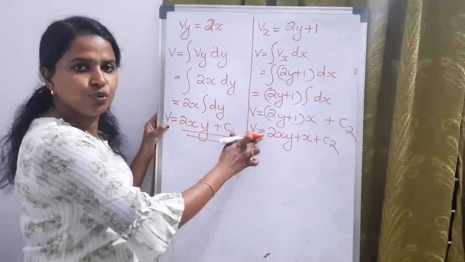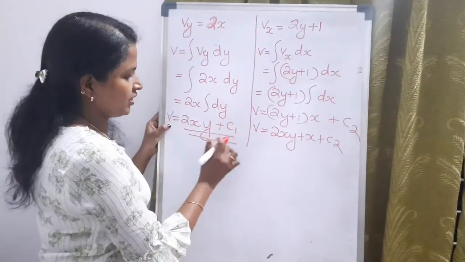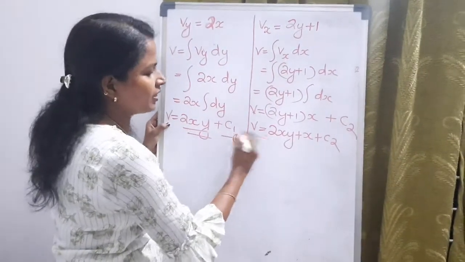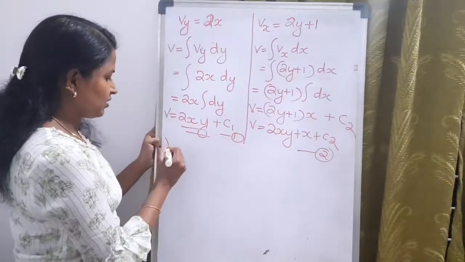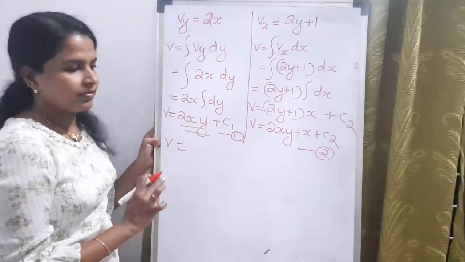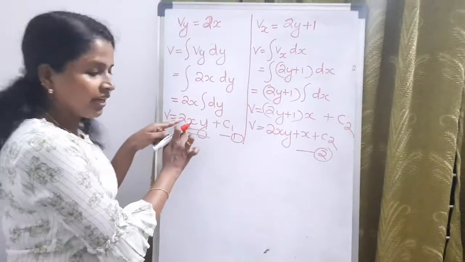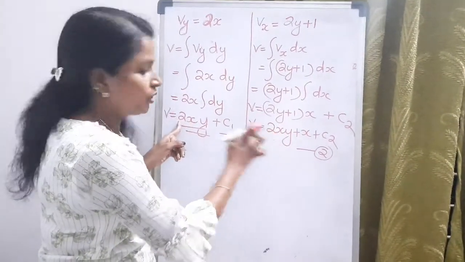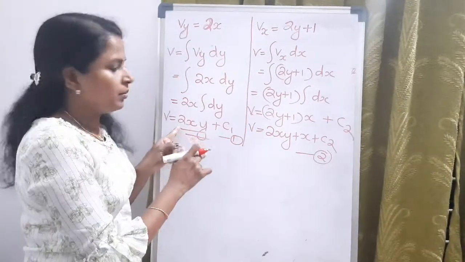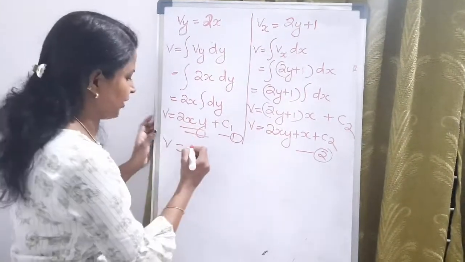Compare these two equations. This is equation number 1 and this is equation number 2. Compare these two. We get one common v. Listen, we write here 2xy, here 2xy, but we take only one 2xy.